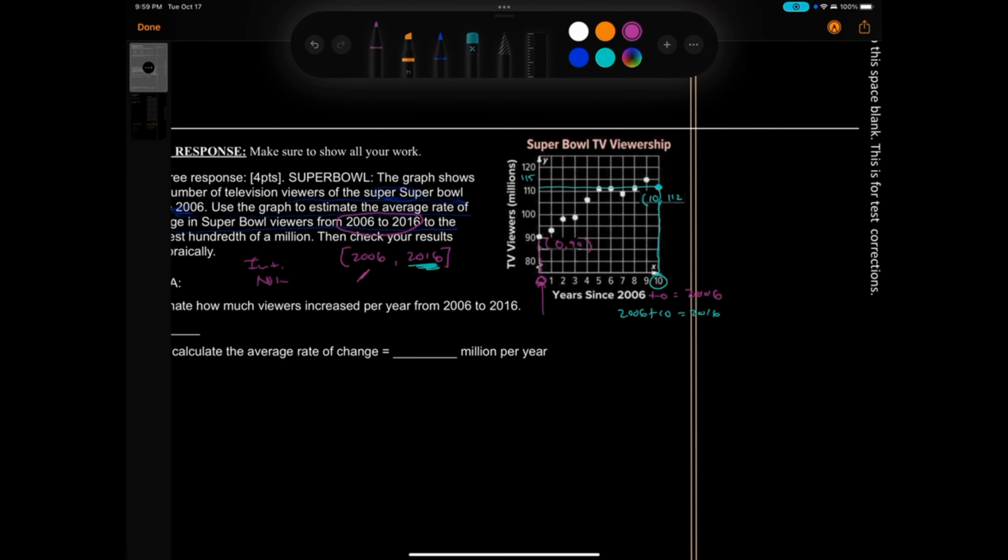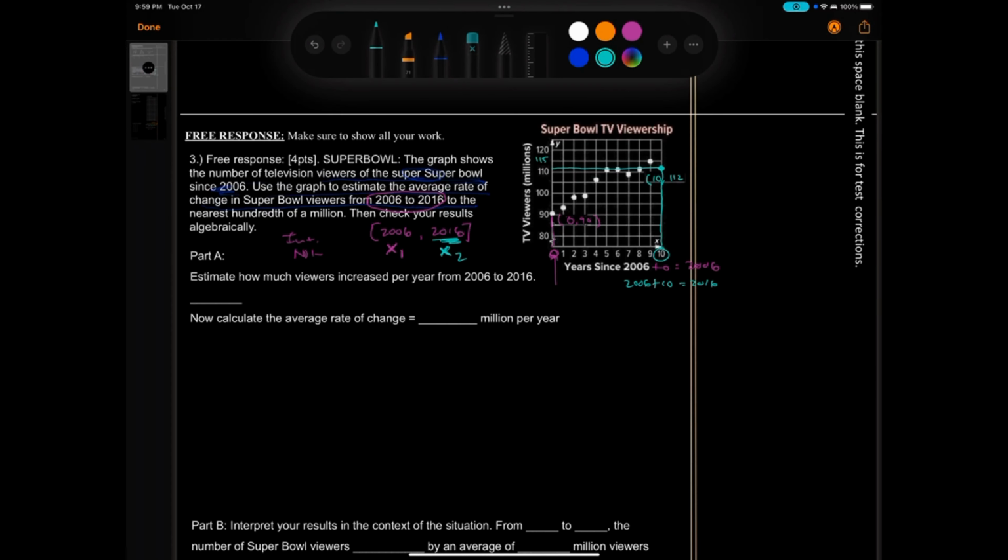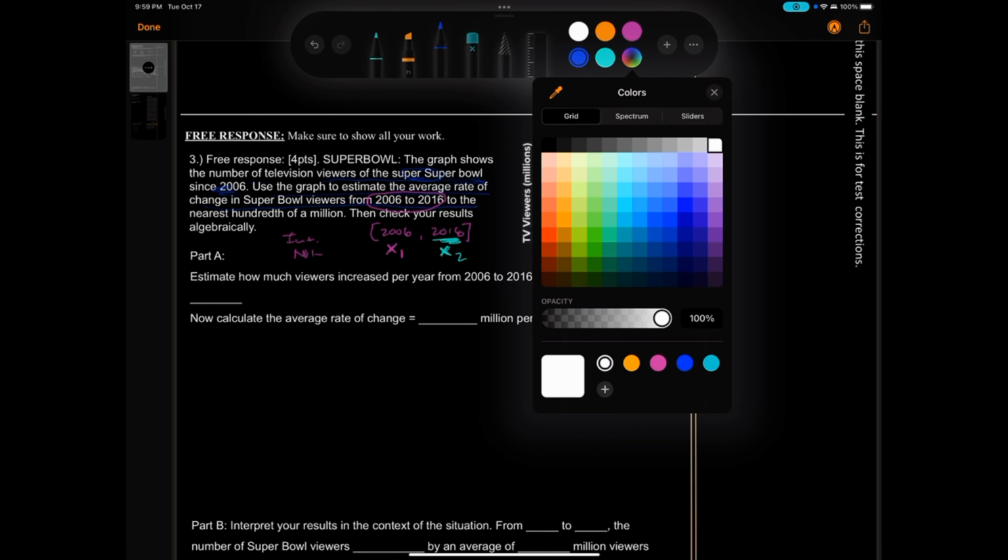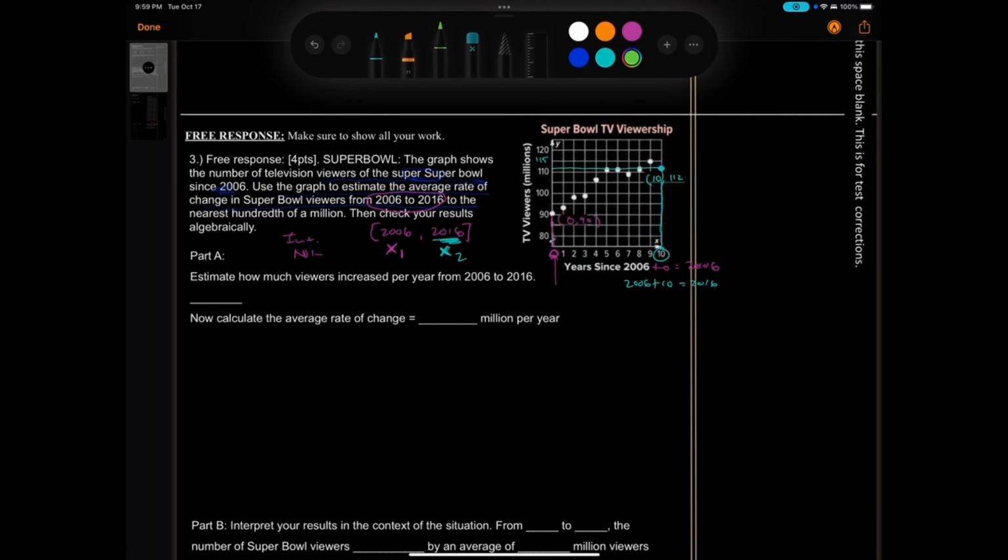So this is my x1. This is my x2. We learned that in a previous lesson. So they're asking for my guess here, and to estimate how many viewers are increased from 2016. So can I go from this point to that point? Per year.